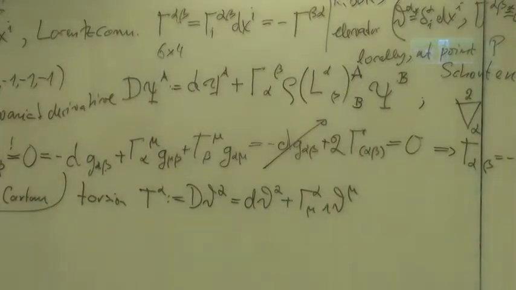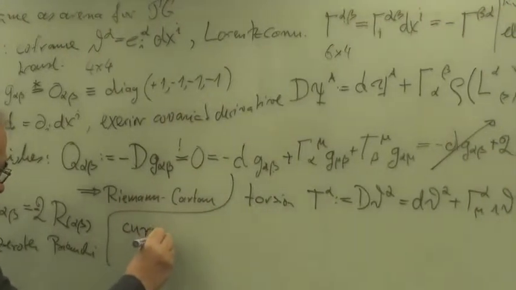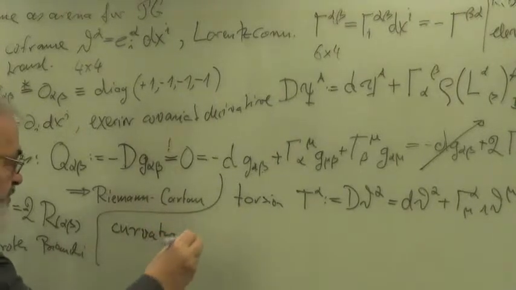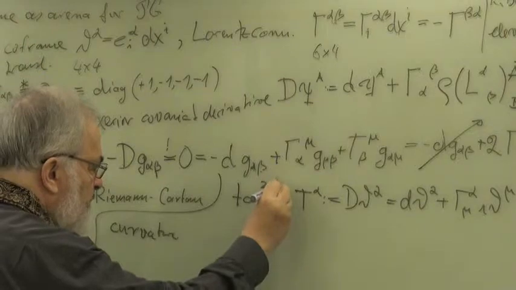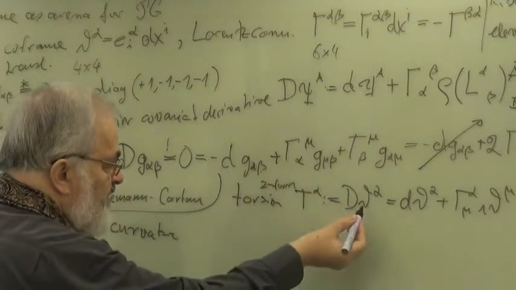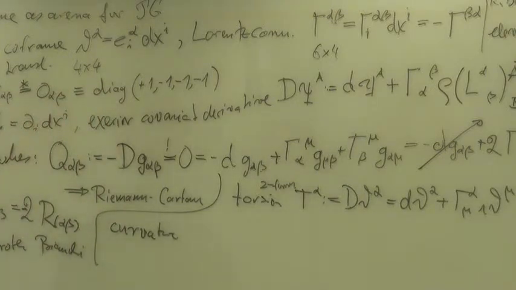This is the torsion. And of course the curvature is similar. It's a curvature 2-form. This is a torsion 2-form. The field strengths are always 2-forms. Of course, theta is a 1-form and the connection is a 1-form, so this is a 2-form.